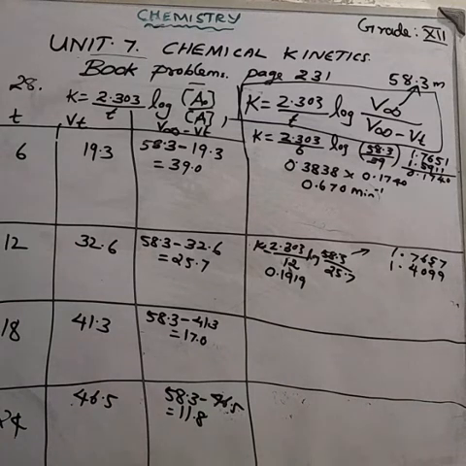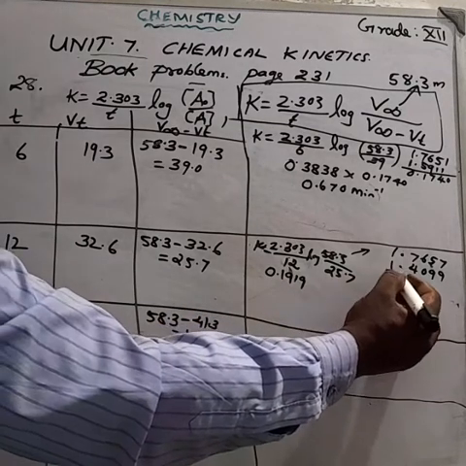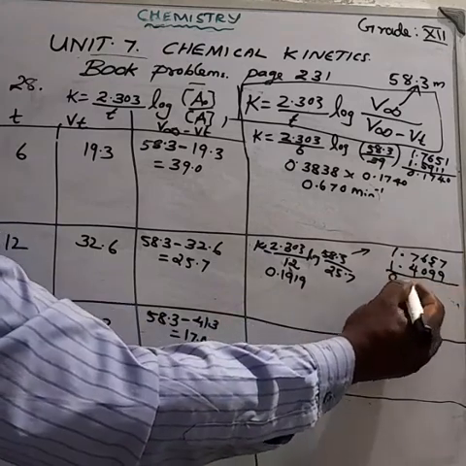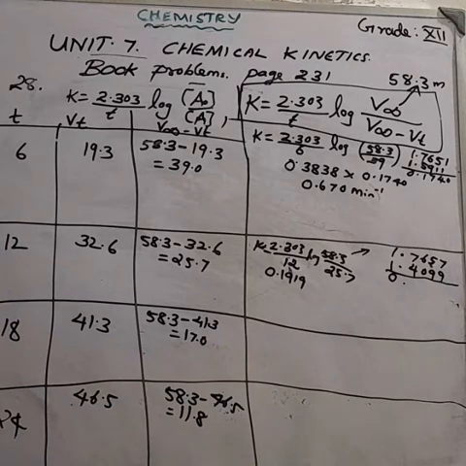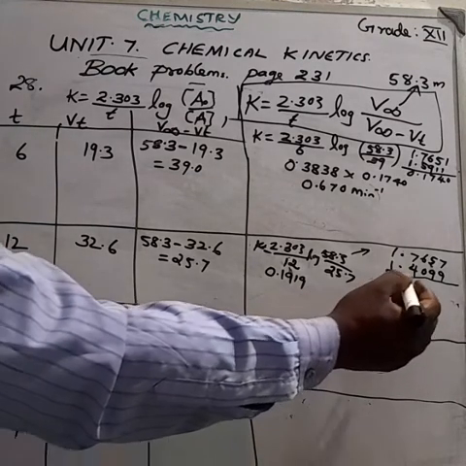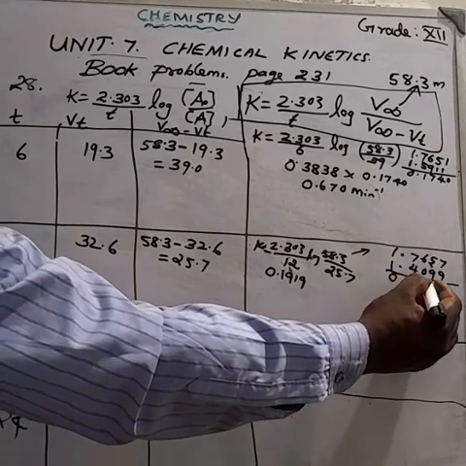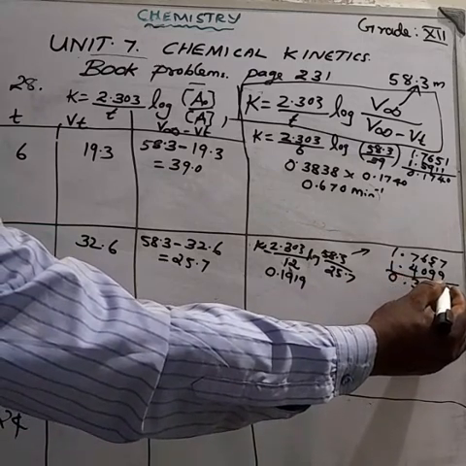Subtracting, I get the value 1.7657 minus 1.4099, that is equal to 0.3558.